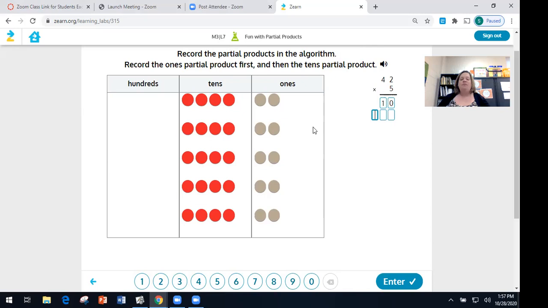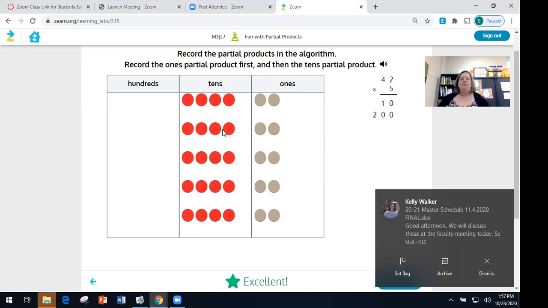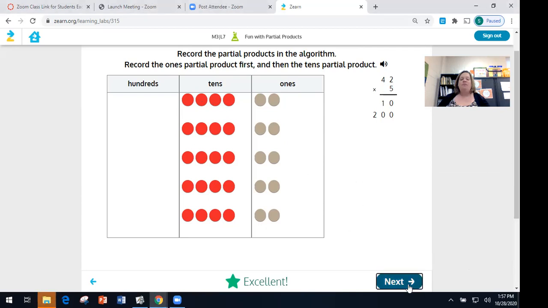They're tens. So we have 200. You could count them up: 10, 20, 30, 40, 50, 60, 70, 80, 90, 100, 110, 120, 130, 140, 150, 160, 170, 180, 190, 200. You could add that right on up.